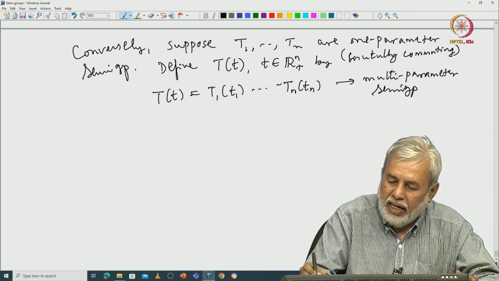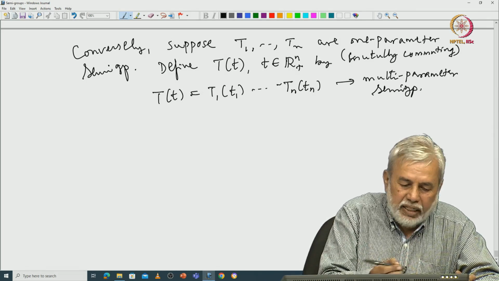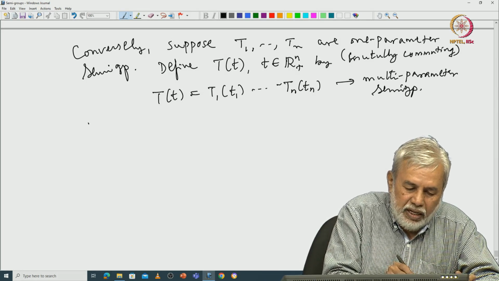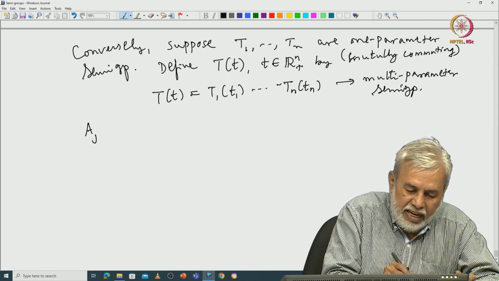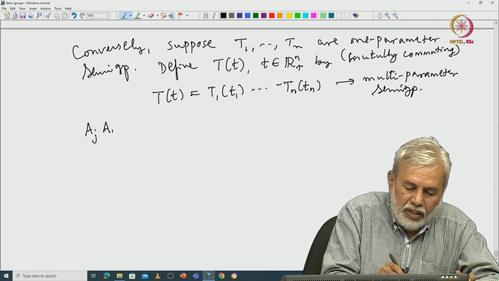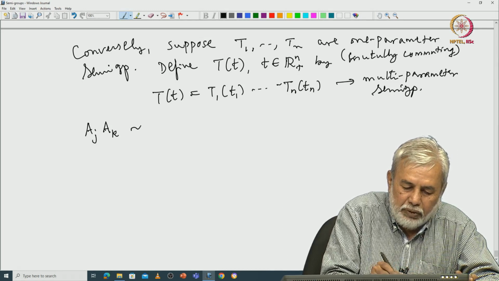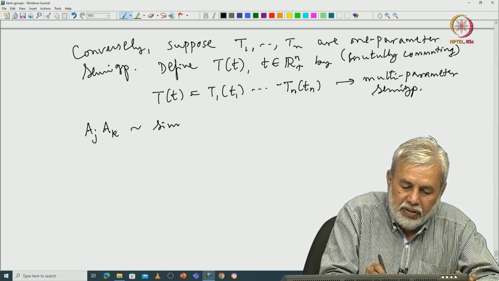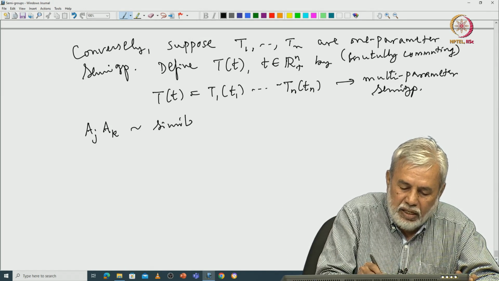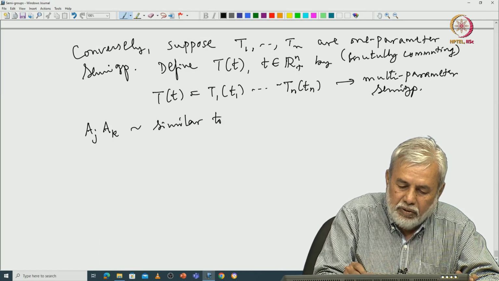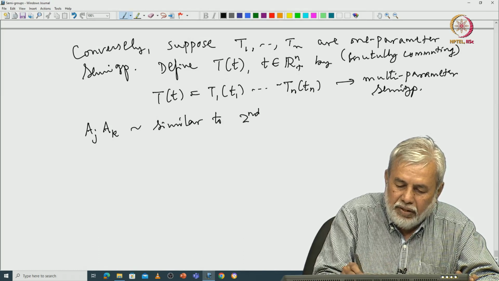Okay. So you also get the second order derivatives A_i A_j, A_k. Okay, so the generators are similar to second order derivatives.